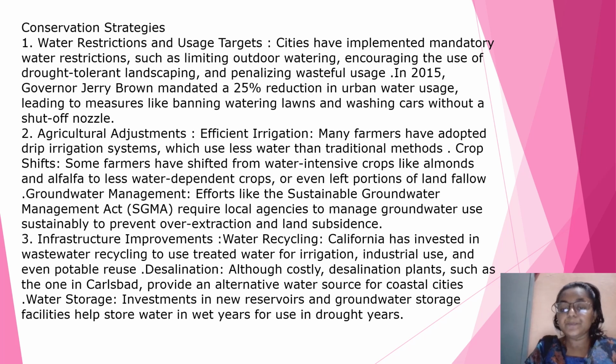Although costly, desalination plants such as the one in Carlsbad provide an alternative water resource for coastal cities. Water storage. Investment in new reservoirs and groundwater storage facilities helps store water in wet years for use in drought years.